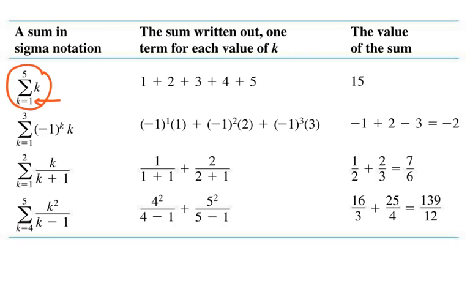We're going from k equals 1 to k equals 5. And for my terms, I just plug 1 in for k, then 2, then 3, 4, up to 5, because 5 is where my value ends. So if I add up all of those terms, I end up here with 15 as my sum.